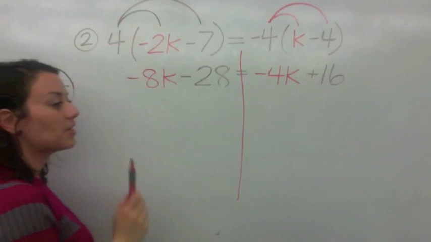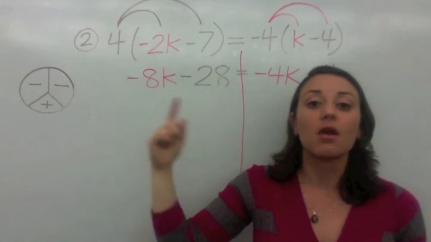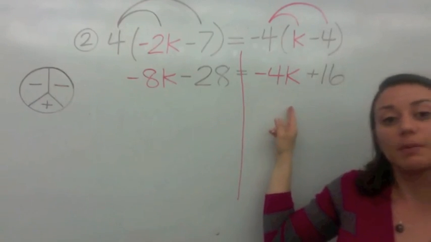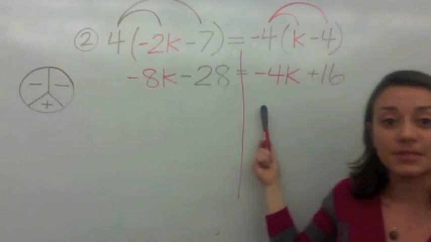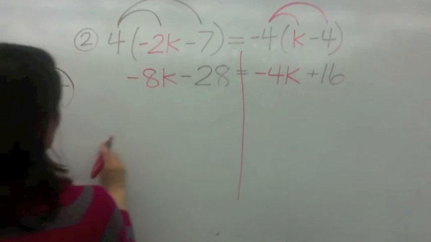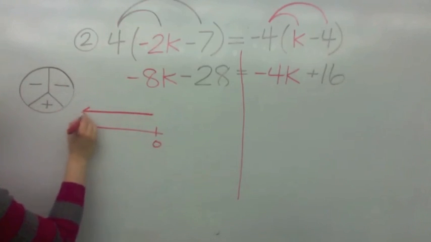But remember, you have to ask yourself, which coefficient is smaller? Say it with me. Which coefficient is smaller? Is it negative 8 or negative 4? A lot of people will say that the smaller number is negative 4, but that's not true, okay? Because the smaller number, my friends, will be farthest away from 0 on the number line.